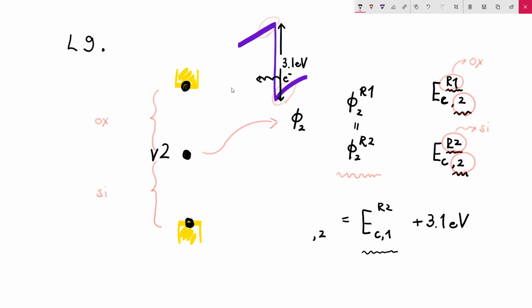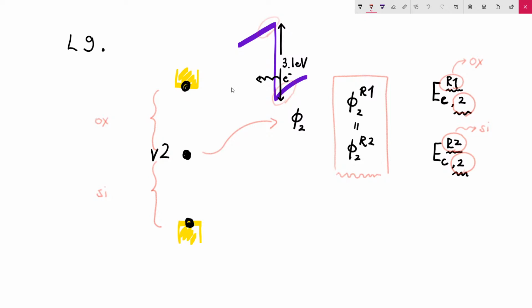Coming back to our main discussion, there is no guarantee that every physical quantity is continuous across the interface. In the case of electrostatic potential, it is just one fortunate case, one lucky case, where we have continuity.